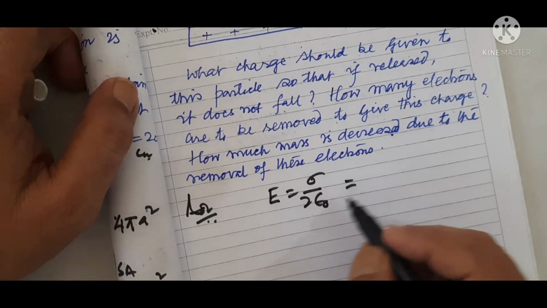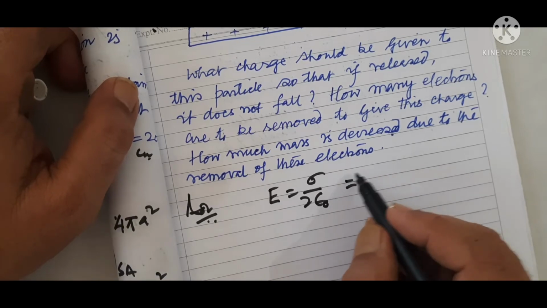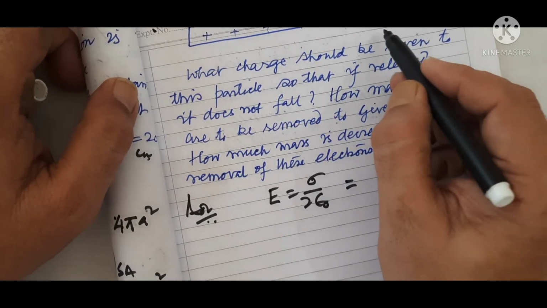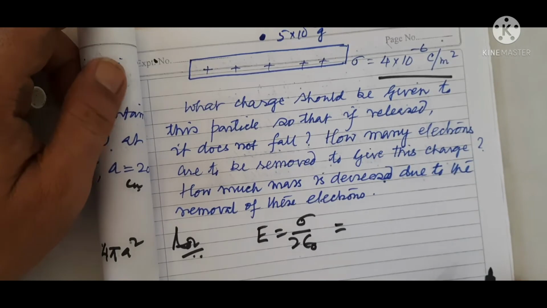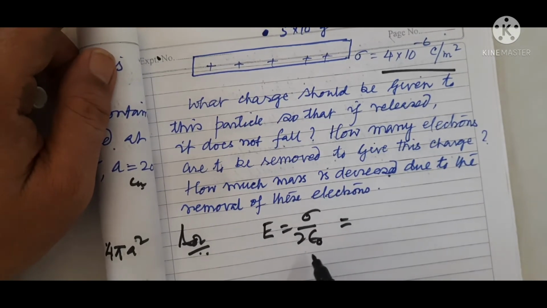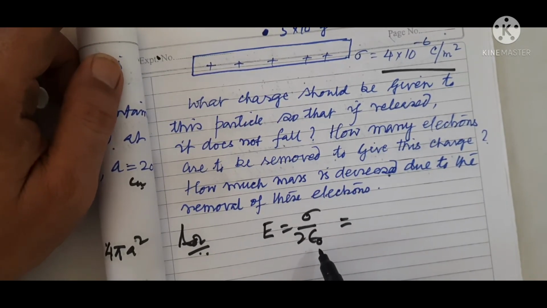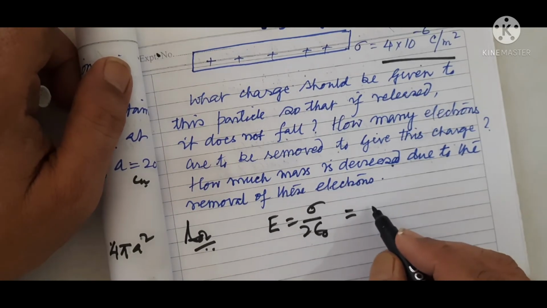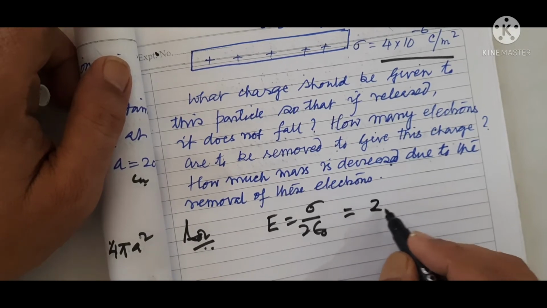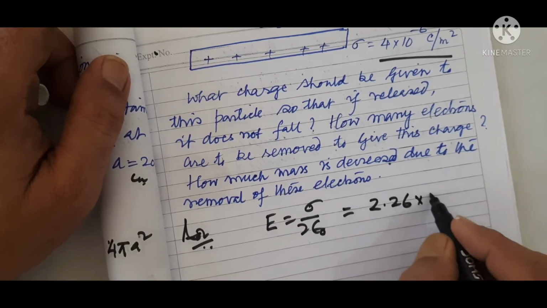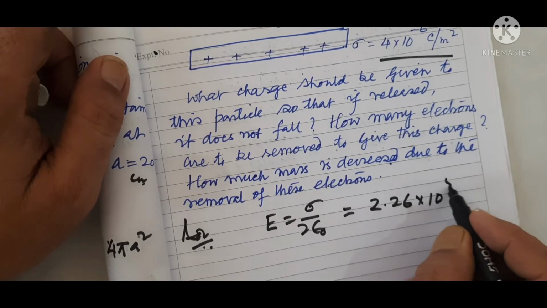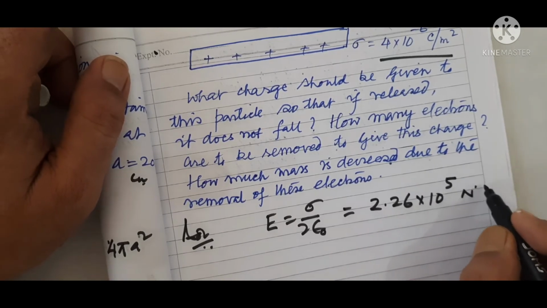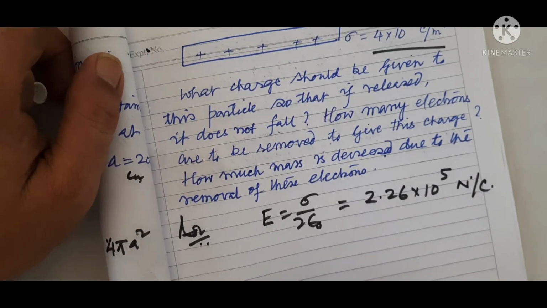Putting sigma as 4 into 10 to the power minus 6 coulomb per meter square and epsilon naught as 8.85 into 10 to the power minus 12, we get 2.26 into 10 to the power 5 Newton per coulomb.